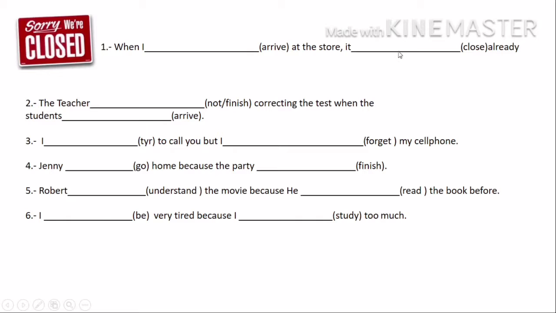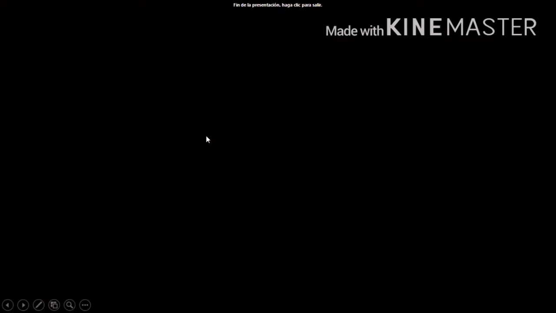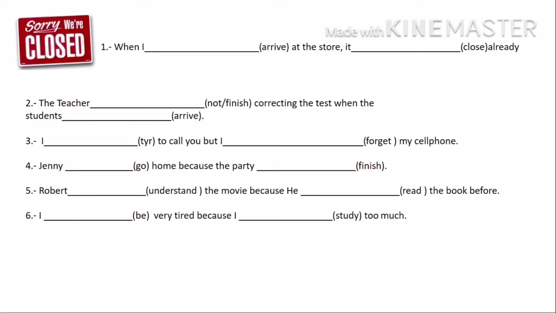Yes, it's when you have an action in the past, but it happened before the main action. So please try to do them on your own and conjugate the verbs in simple past or past perfect. If you have any doubt, please call me and I'll be happy to help you.